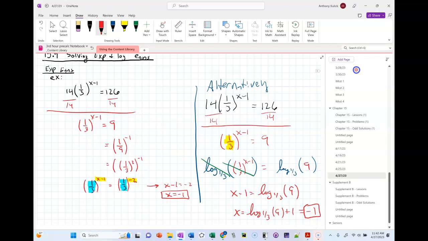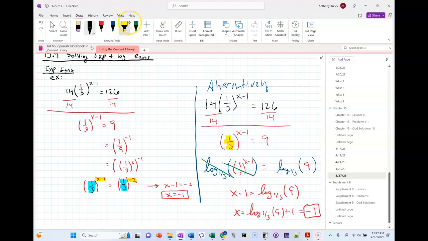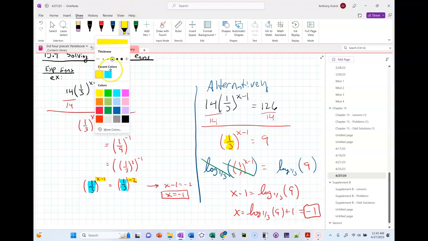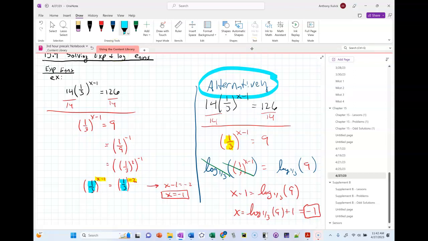Overall, which one is the more advantageous approach? Is probably this one. The reason being that it's sometimes going to be really difficult to rewrite the right-hand side with the matching base.